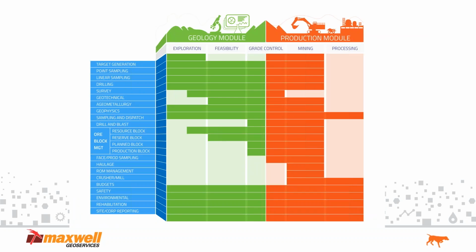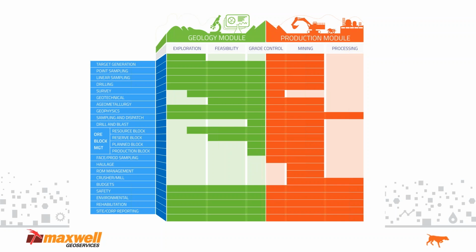On the screen is our Maxwell module's timeline of requirements throughout the project's life cycle. The geology module on the left takes from the grassroots exploration through to the geological model, pre-feasibility and feasibility. Clients may choose to extend this model into basic grade control.